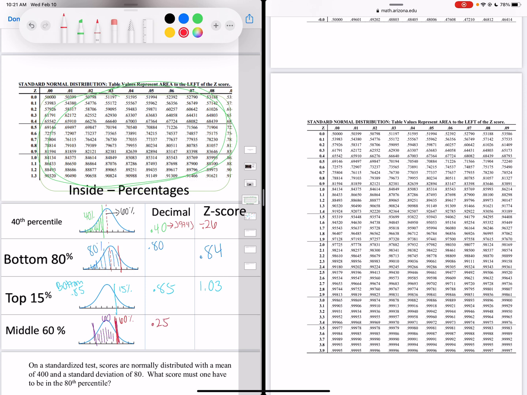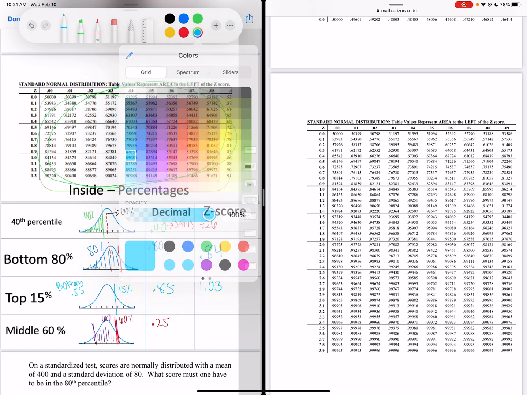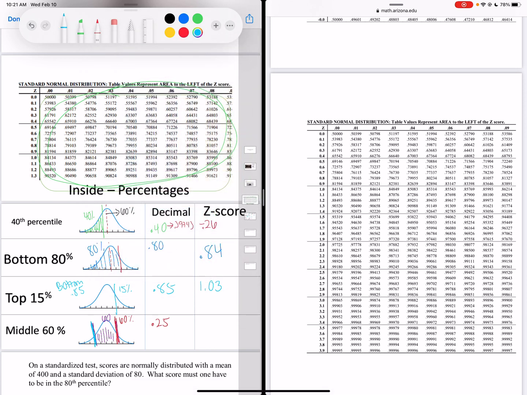Okay, now for the other one, this here blue line, if it's 60% in the middle, that means that there's going to be 20 and 20 left over on the tails because there's 100% total on the distribution. So 20 and 20. So that means to the left of the blue line is 20%.